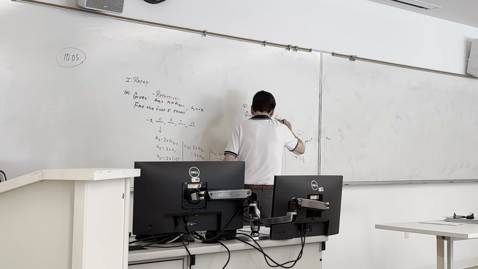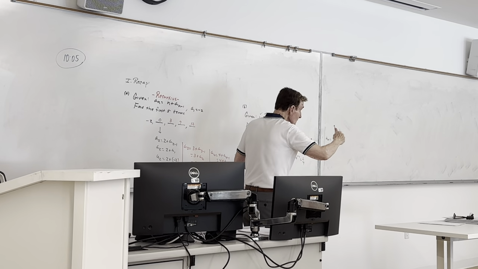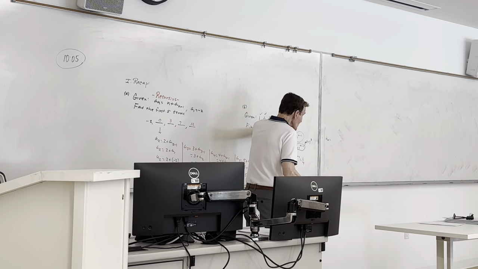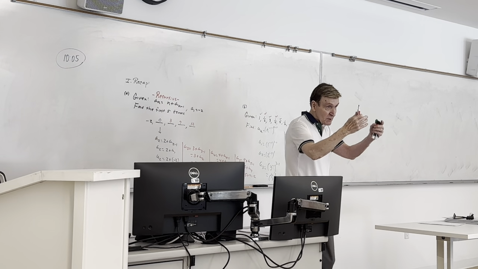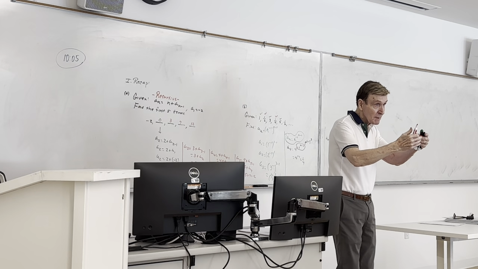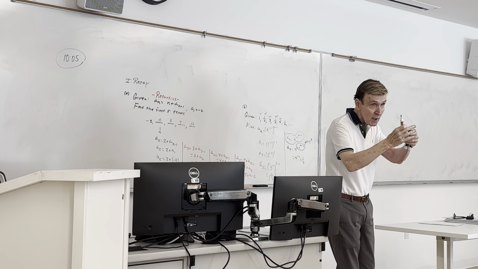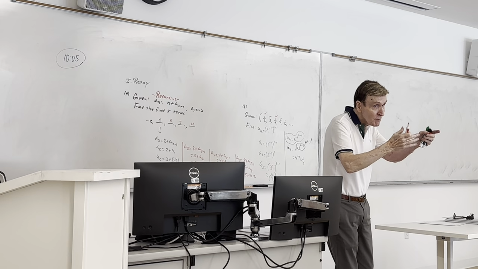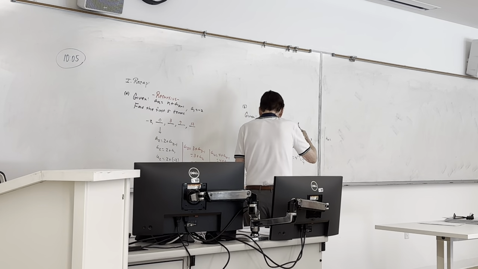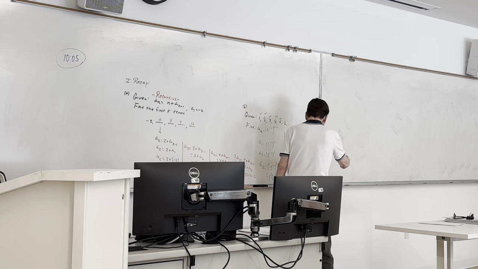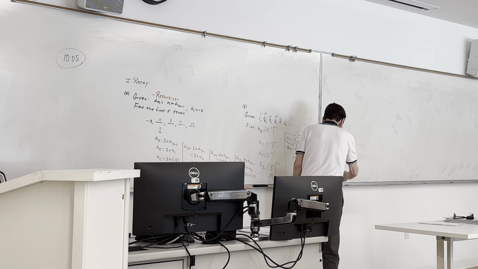I gave you 1 over 2, 1 over 4, 1 over 6. I notice these denominators are even. Maybe I can split it up into 2 parts and say A subscript n is equal to, and have 2 parts. Try to get the odds out of the way, and those even ones, 1/2, 1/4, 1/6, with that denominator, and split it up into 2 parts.